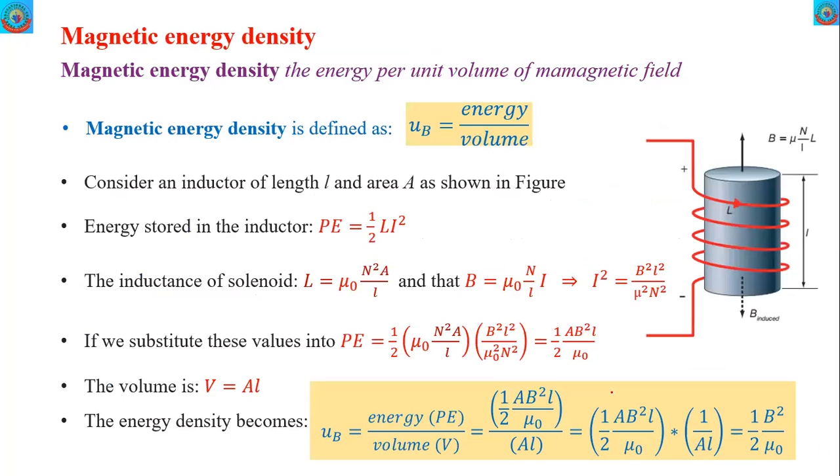Next, magnetic energy density. What does it mean? For example, what does strain energy density mean in mechanics? We often use small u, where u of strain energy is equal to strain energy over volume. Again here also, magnetic energy density is similar: it is magnetic energy over the volume, just energy over volume.